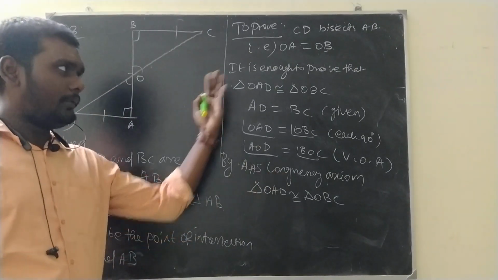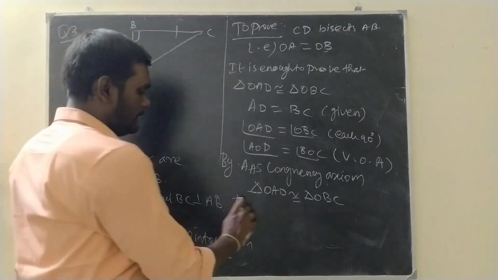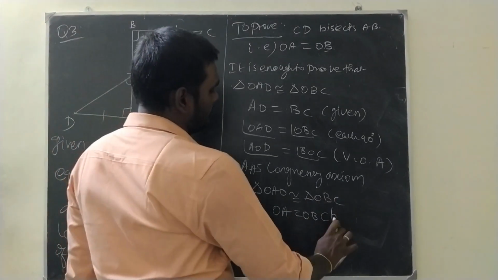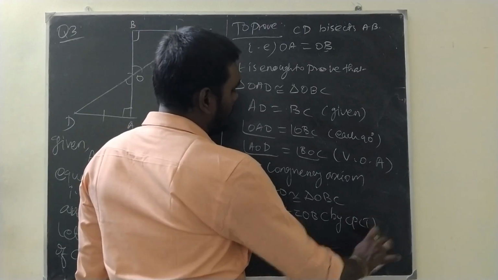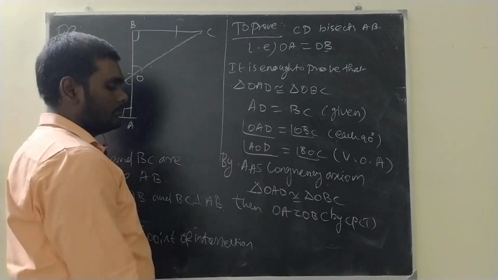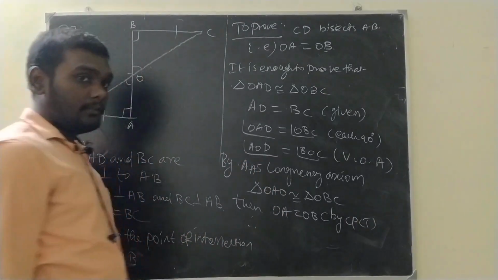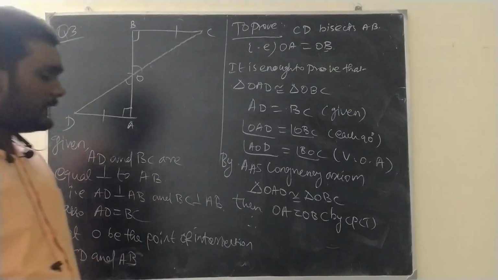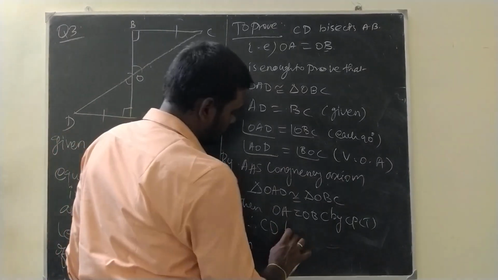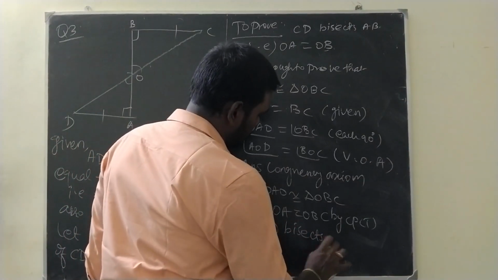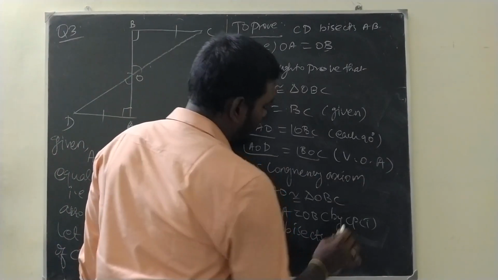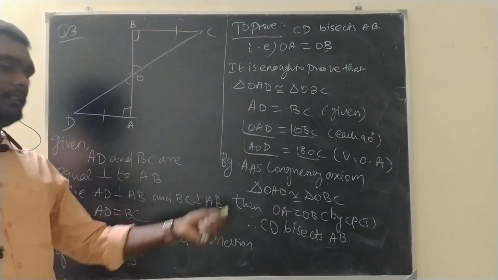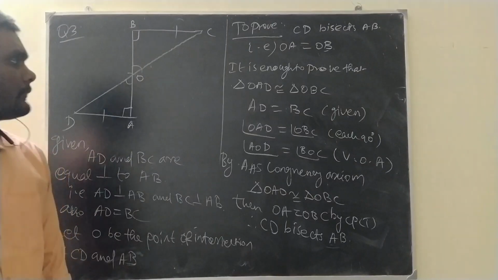Nice, but we have to prove that OA is equal to OB by CPCT. Therefore, this is very important, draw these parts and all. So therefore we can say CD bisects AB. Everything has to be there, this therefore statement included.